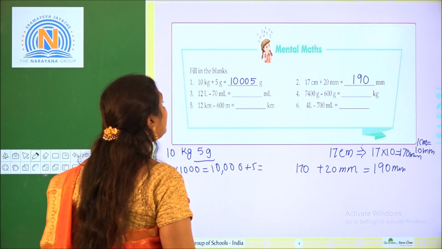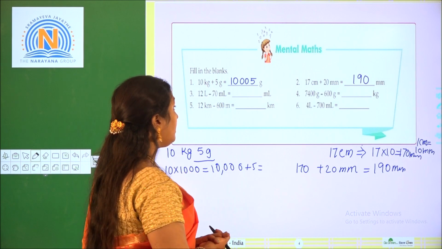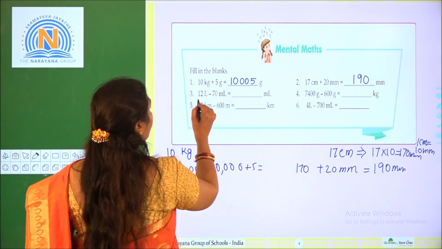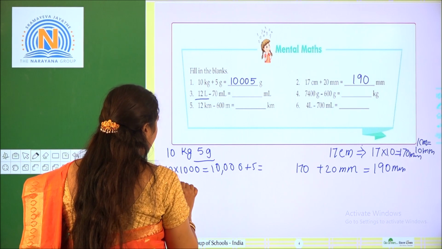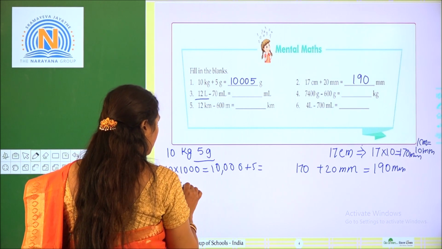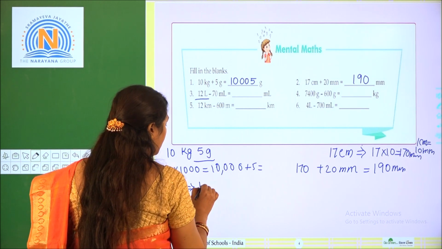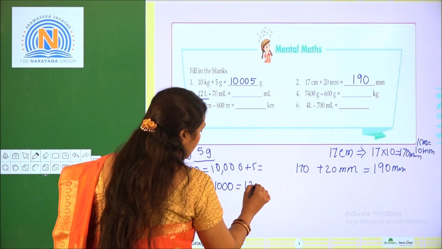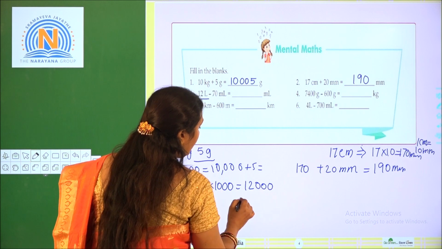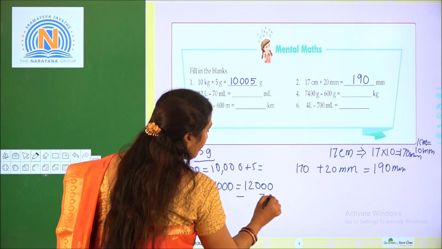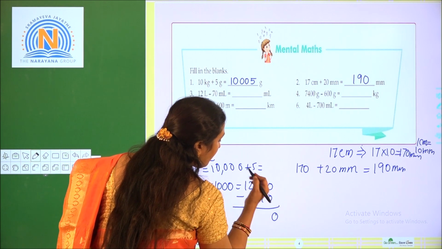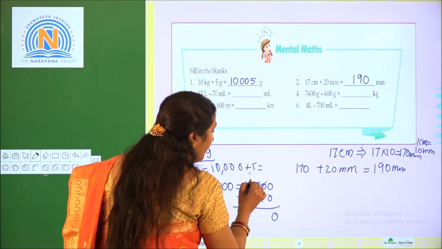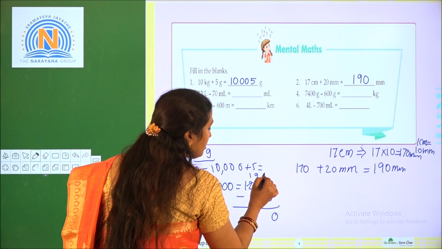Now 12 liters minus 70 ml equal to dash ml. First we convert 12 liters to milliliters. So 12 into 1000, 12,000. Now minus 70. 0 minus 0, then 7 minus 0, wait, 0 minus 7 we cannot. From where do we have to regroup? Here. So this will be 9 and this will be 10.